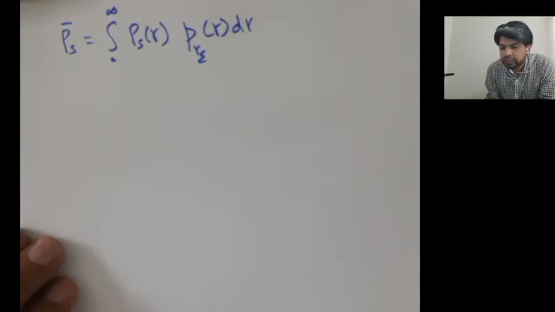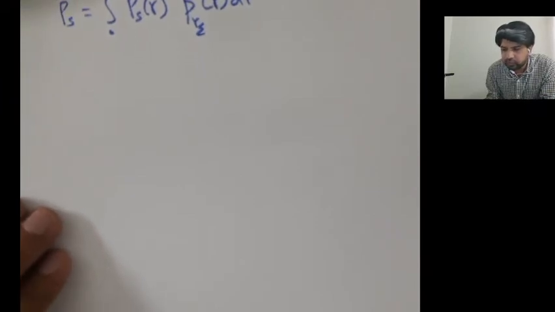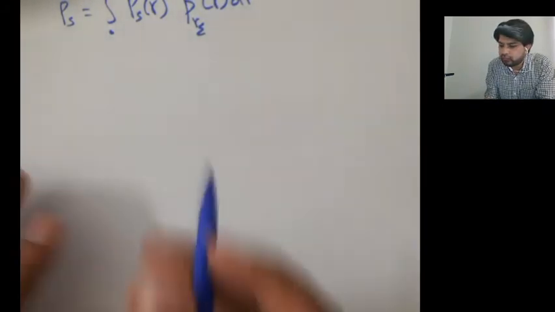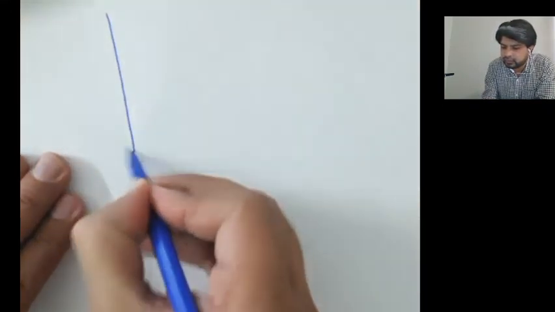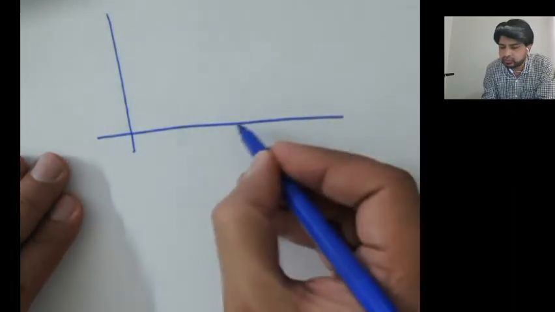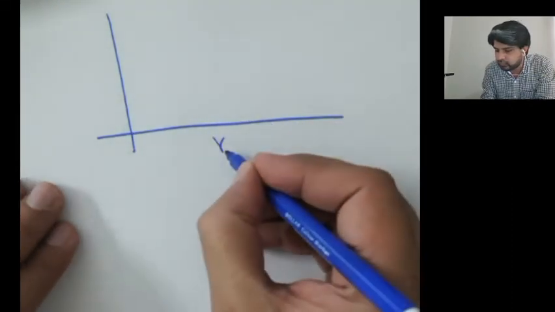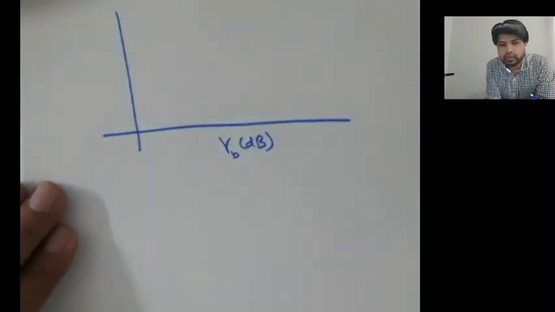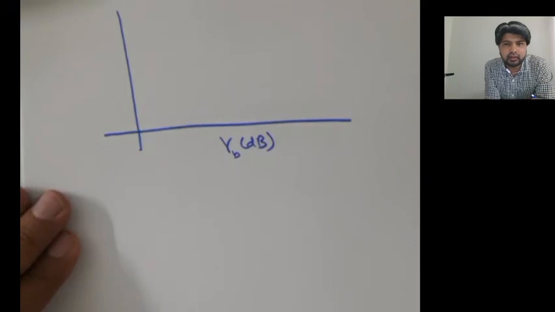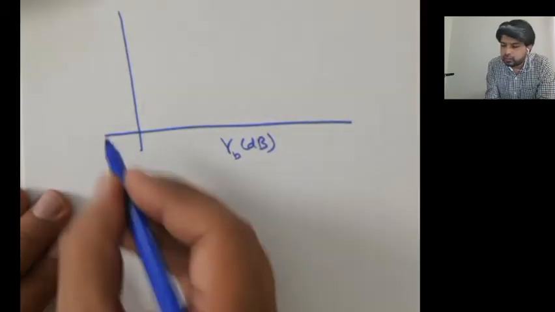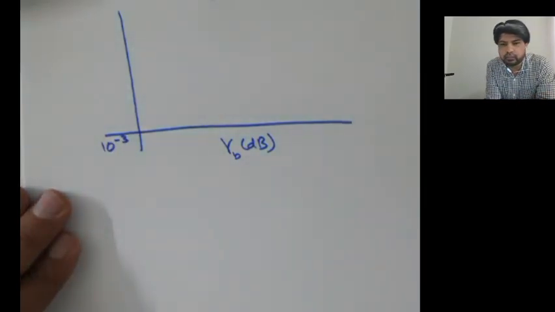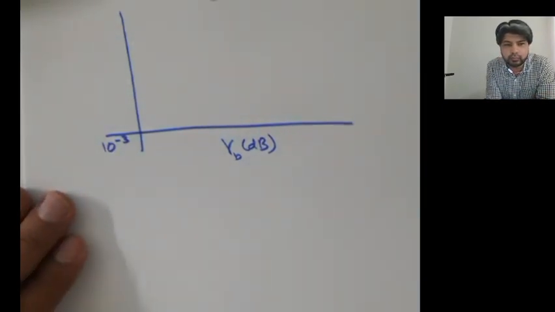So I'm not going to write it down here, but if you want to look at the comparison, on this axis we have signal to noise ratio, gamma B in dBs. Again, this curve which I'm drawing is for BPSK and Rayleigh fading, right? And this floor at which we are comparing is 10 to the power minus 3. So let's look at the comparison of the average symbol error probability with different numbers of branches.